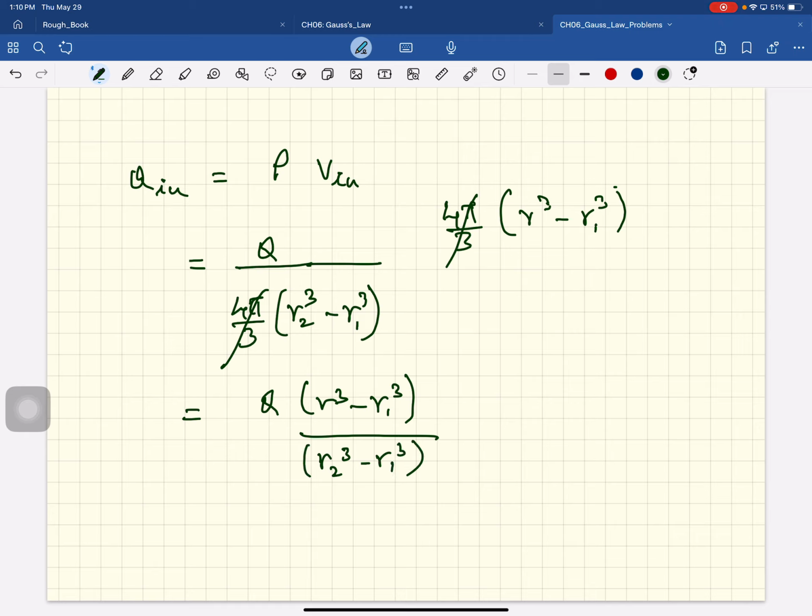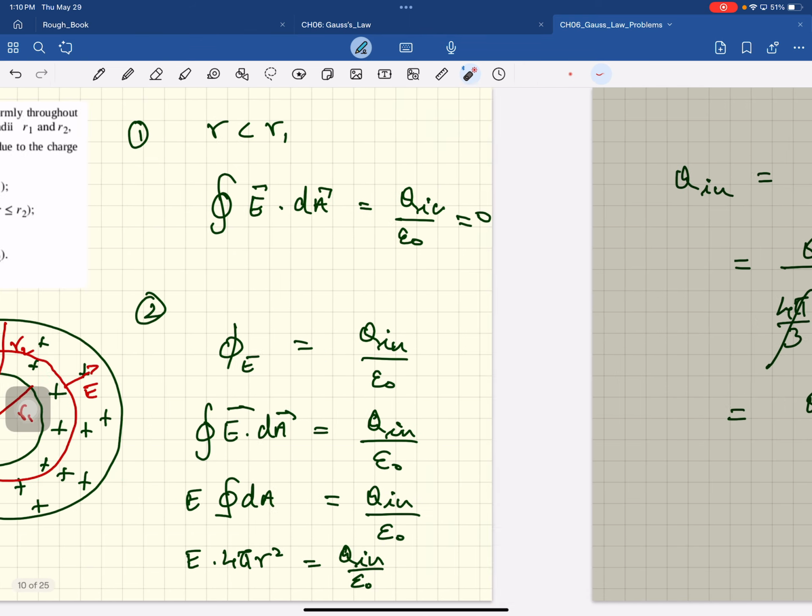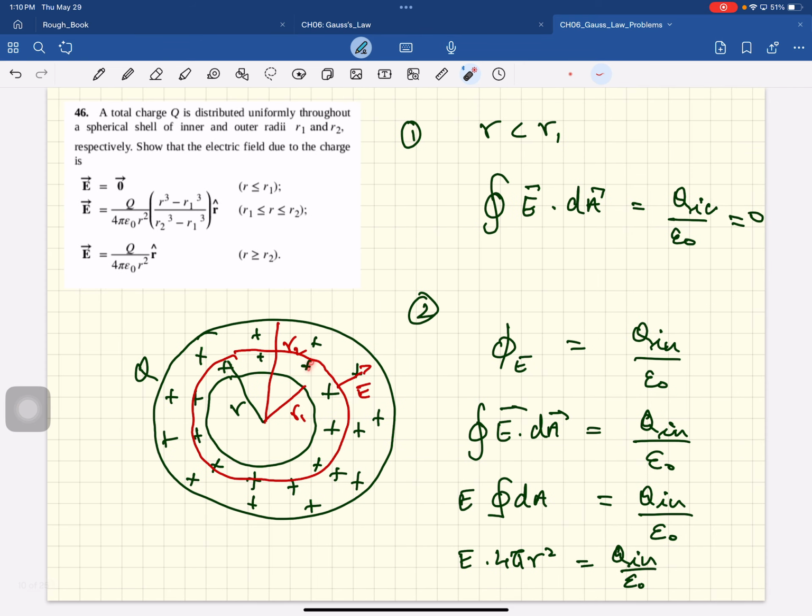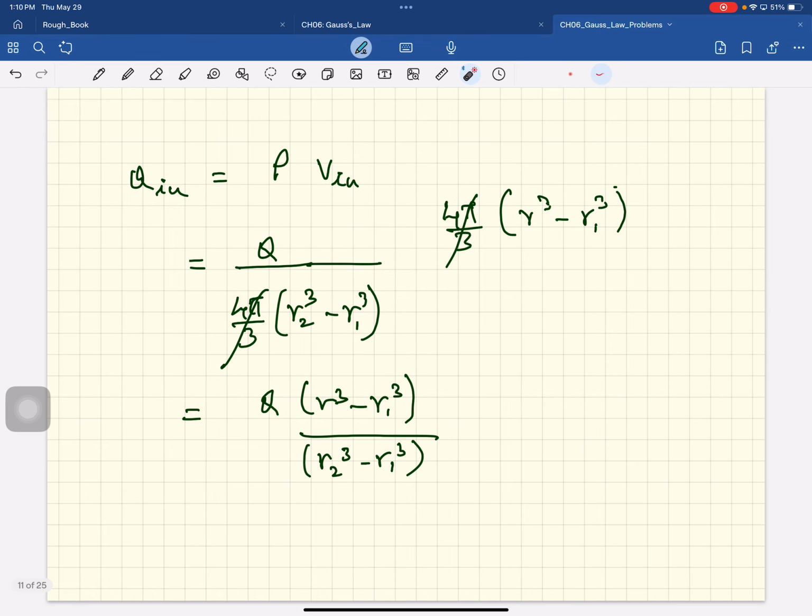Let's see, does this have the right limit? This is the charge Q inside. If R were to become R1, R1 is this radius, what is the charge inside? 0.